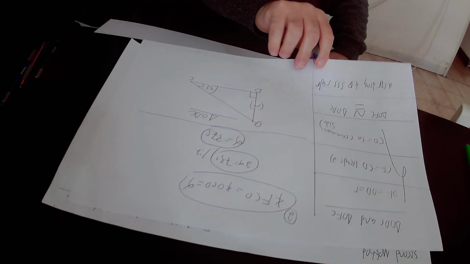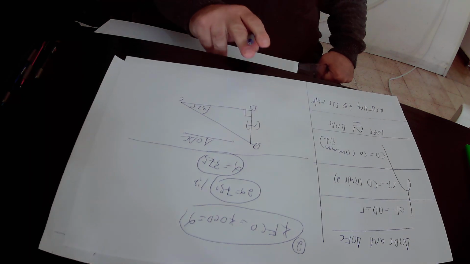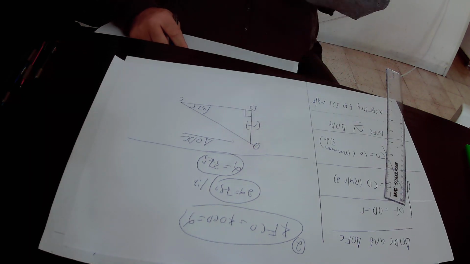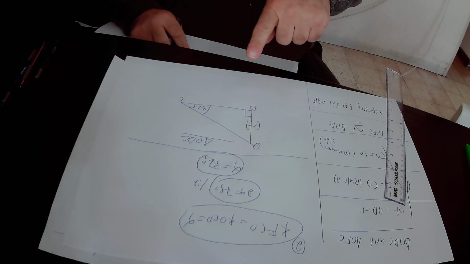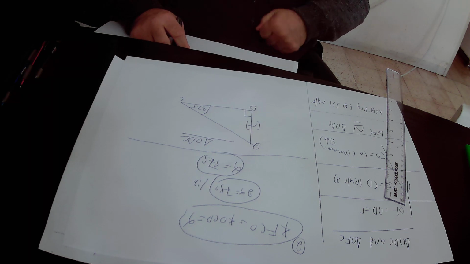So actually, this is the orange right triangle ODC that I copied from the original drawing. Side OD is the radius of the circle that is equal to R, and this is angle alpha that is equal to 37.5 degrees.